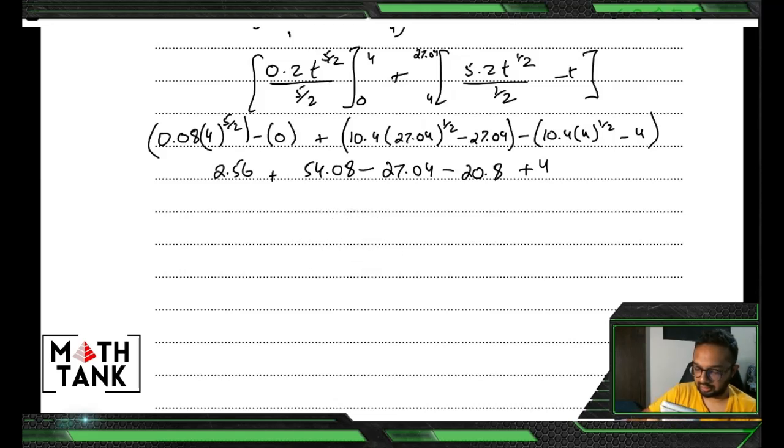Check again. I think that was the only number that was wrong, which is why I try to punch in everything on a calculator as it is, rather than calculating the numbers, because I often get them wrong. Yeah, that was the only number that was wrong. So 12.8.